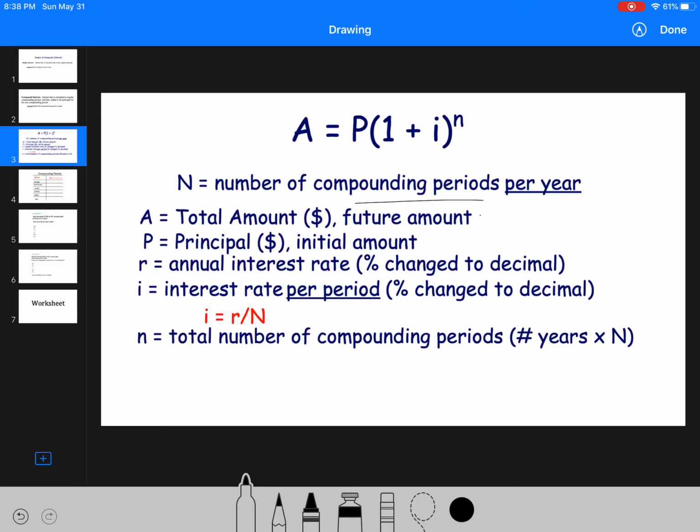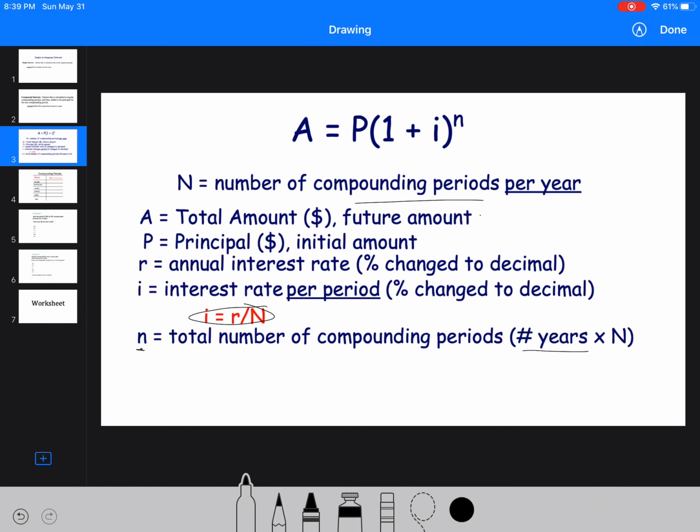What we're looking at here is there are a couple extra letters, if you haven't noticed. What we have to understand is that i is equal to R over N, and little n is equal to the number of years times big N. That's why there are extra letters.